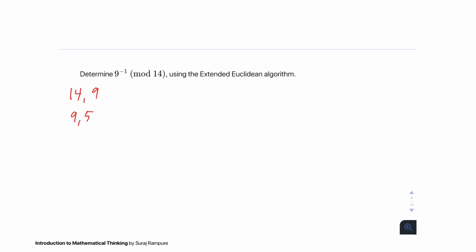Then what do we have? 5 and 4, and then 4 and 1. And we can stop at that point, because all we need is that remainder of one term. Okay? So let's write out our expressions from the division algorithm. So what can I write for 14?